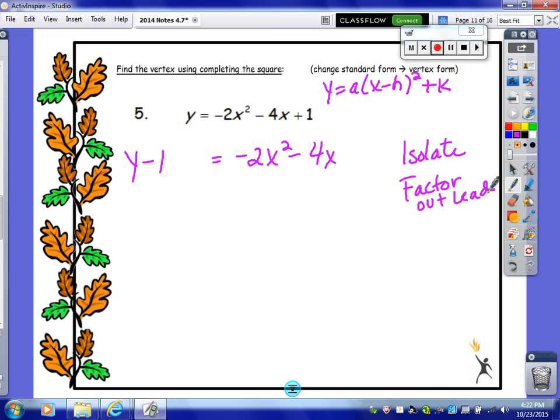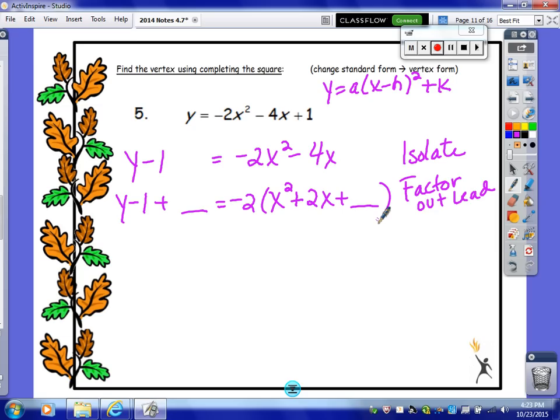All right, all about learning these processes. Okay, what do we got? y minus 1 plus, leave myself some space, -2 times x squared plus 2x plus some c.